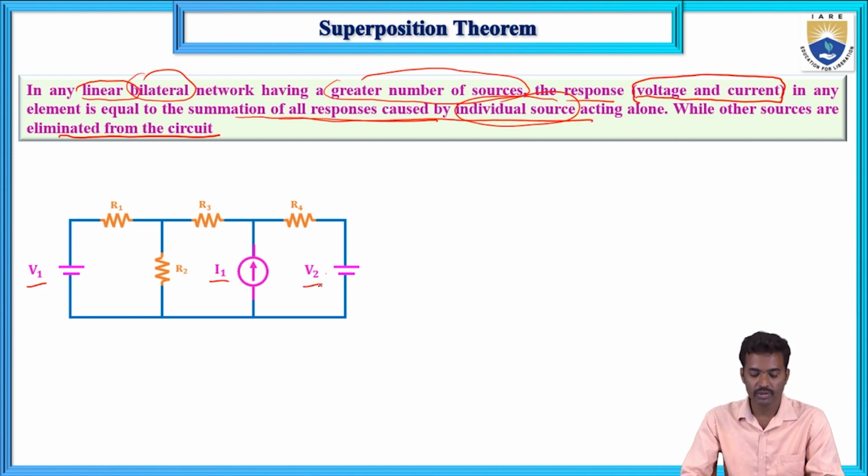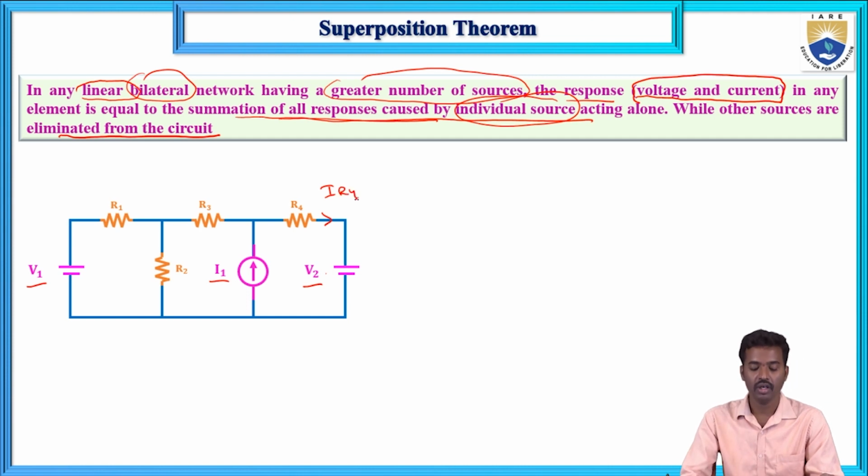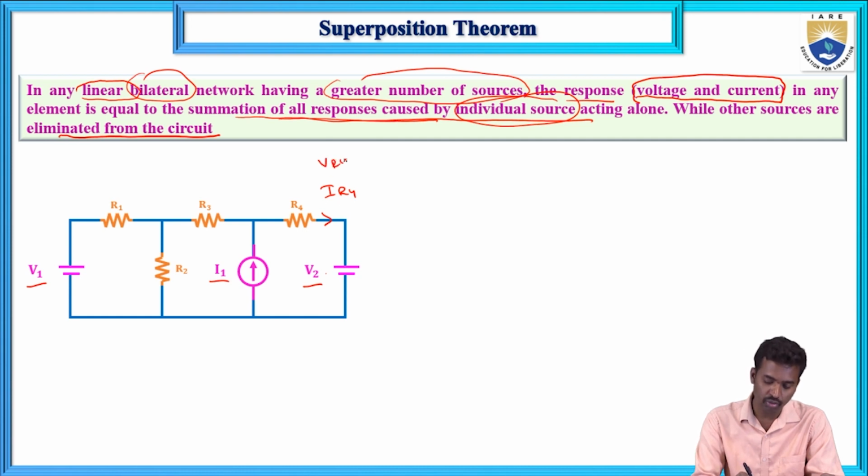Here we have three sources, V1, I1 and V2. Now calculate the response in any element, either voltage or current. Suppose I am taking the R4 response current, IR4. You can use VR for voltage also.